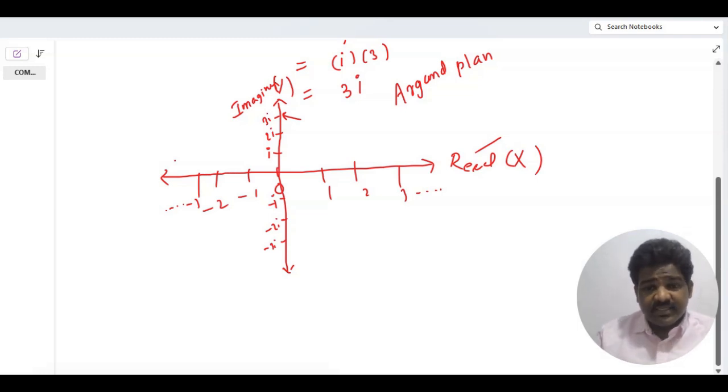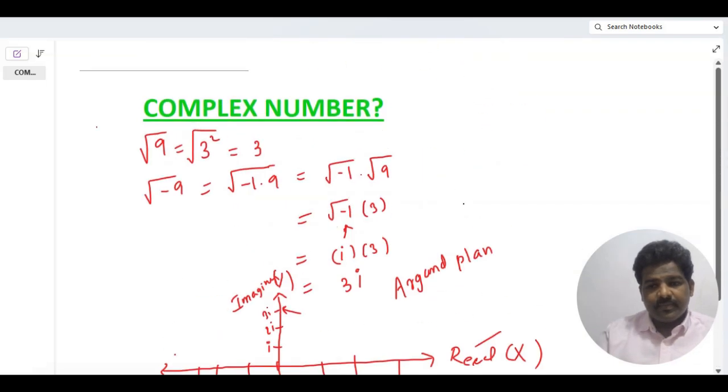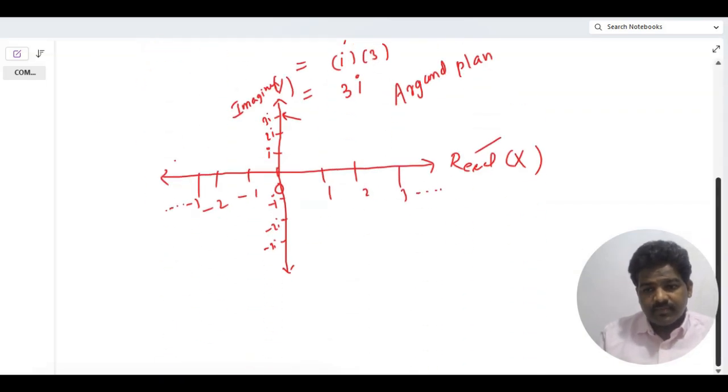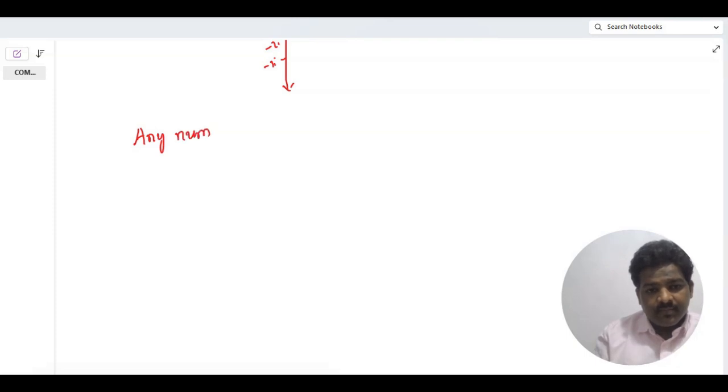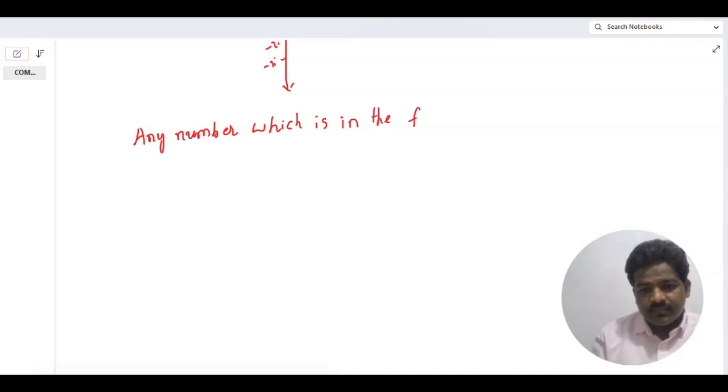Well, let us understand the definition of complex numbers now. Any number which is in the form a plus ib is called a complex number.